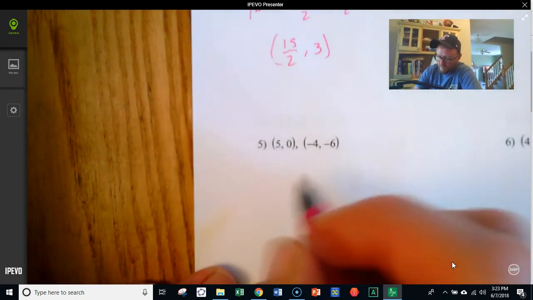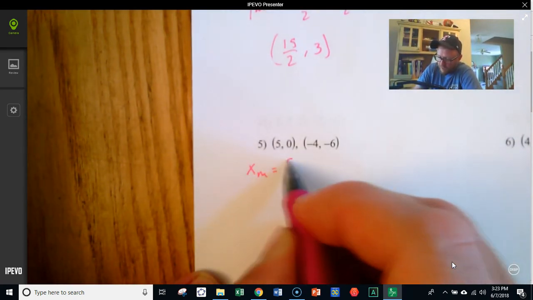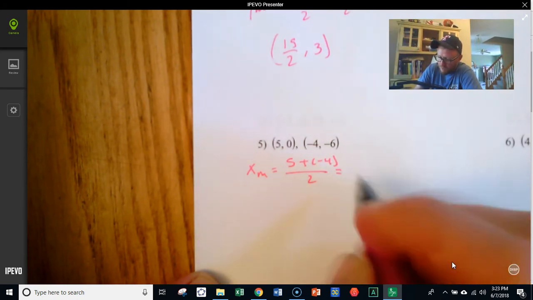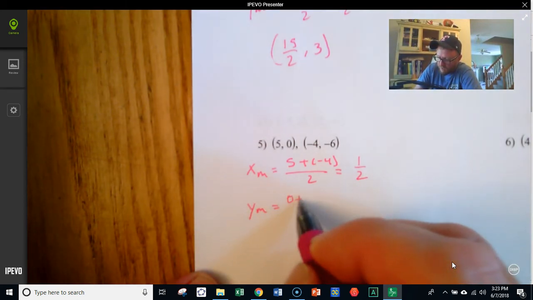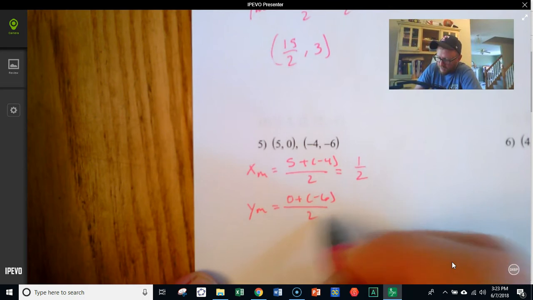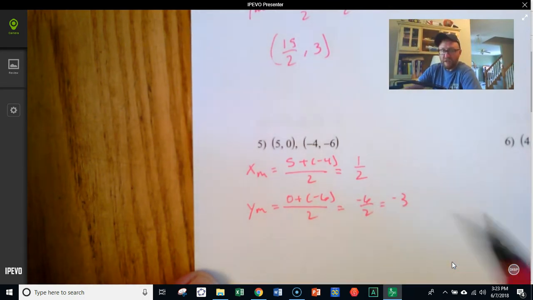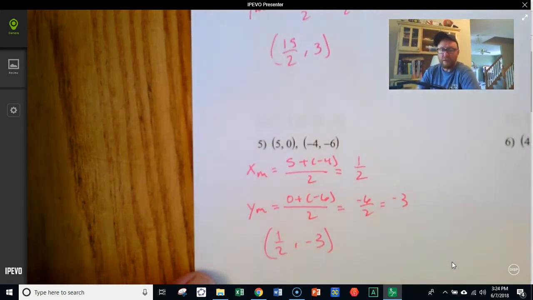Here we have our x-coordinate for the midpoint is 5 plus -4 over 2, which is 1 over 2, and our y-coordinate is 0 plus -6 over 2, which is -6 over 2, which is -3. So we have 1/2, comma, -3.